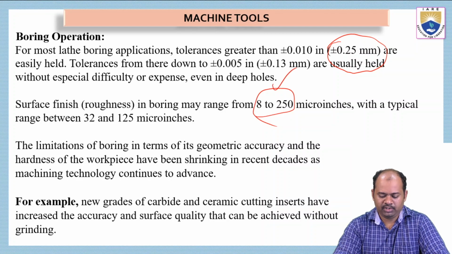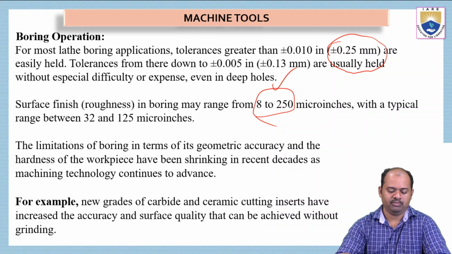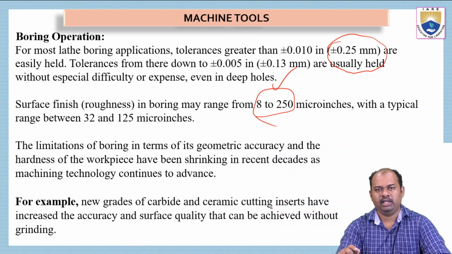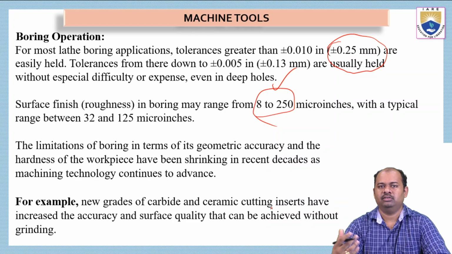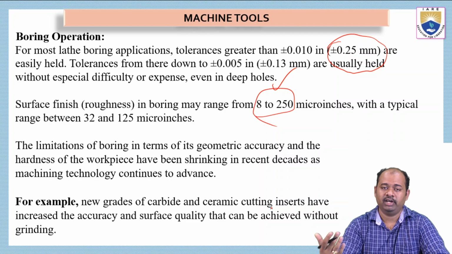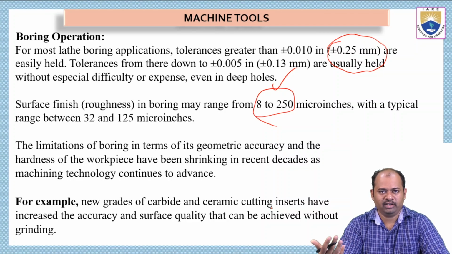And then the limitations of boring in terms of its geometric accuracy and hardness of the workpiece have been shrinking in recent decades as machining technology continues to advance. In the olden days, we used to have some boring tools which were not that efficient in creating a smooth surface. But nowadays, most of the machines are automated, and because of this automation we can get a smoother surface.